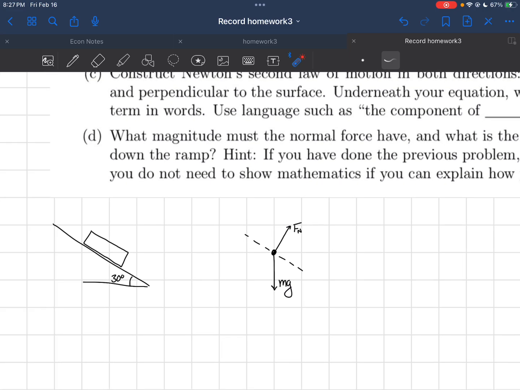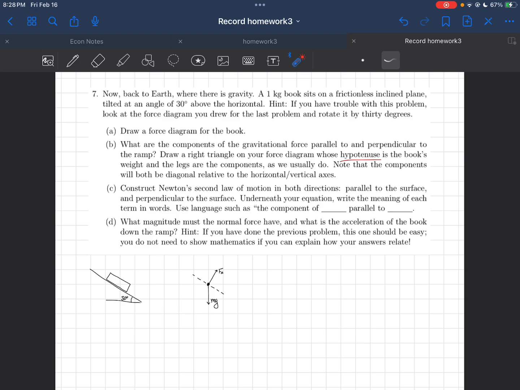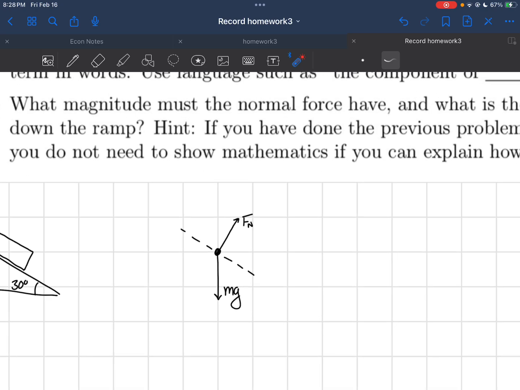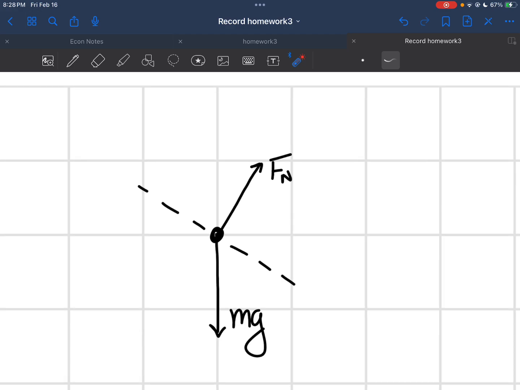Now, in this case, we have to think about what we're breaking into components. Because normally it would look like, oh, here are my x and y coordinates. My normal force is the one that's not aligned with it. And so that's the one I'm going to be breaking into components. But in this case, it's actually going to be a lot easier to think about the parallel components and the perpendicular components to the surface.